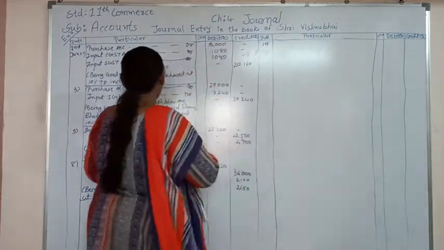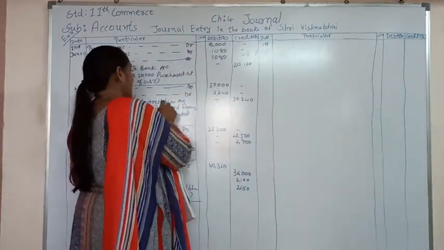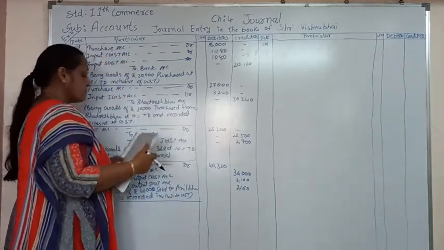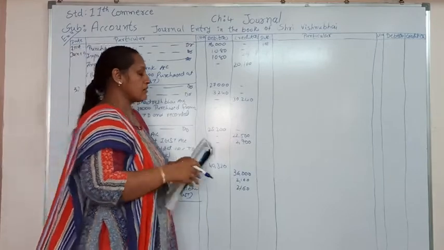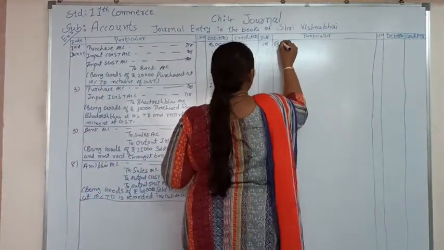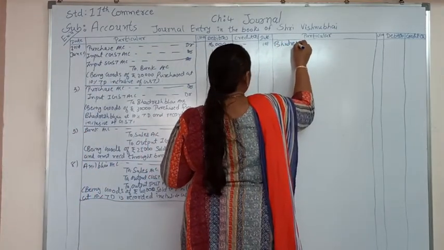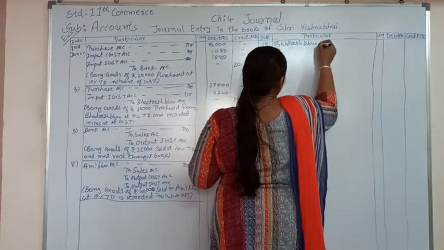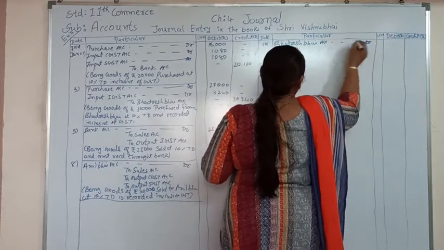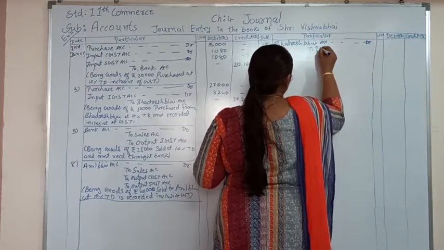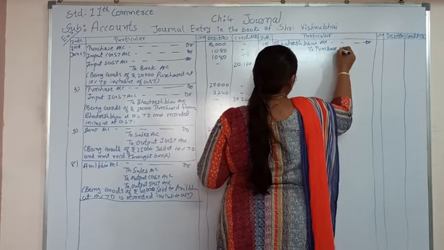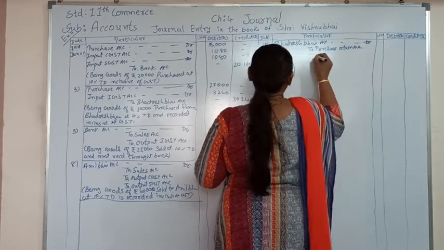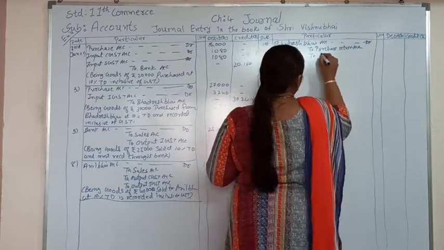So here we are going to pass the journal entry: Bhadresh Bhai account debit to purchase return, to input IGST account. It is exactly the reverse of this journal entry. Bhadresh Bhai account debit, to purchase return account, to input IGST account.